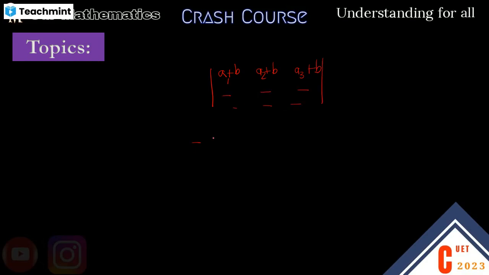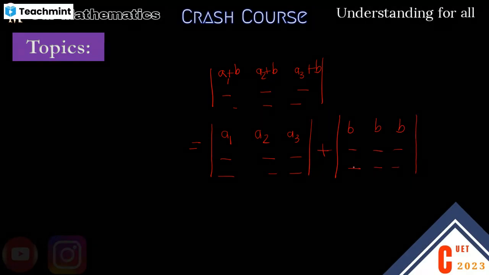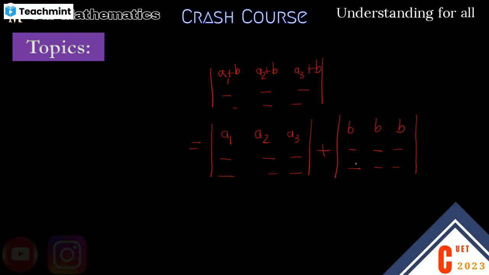Then this determinant can be written as a1, a2, a3 plus b, b, b. Was this portion of properties included or excluded for you?